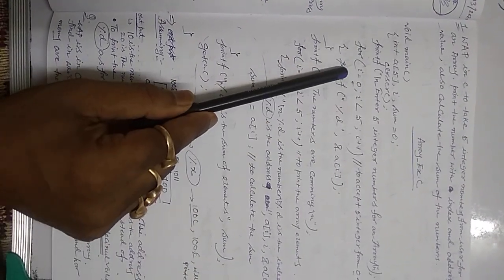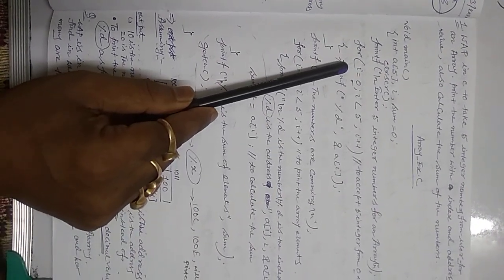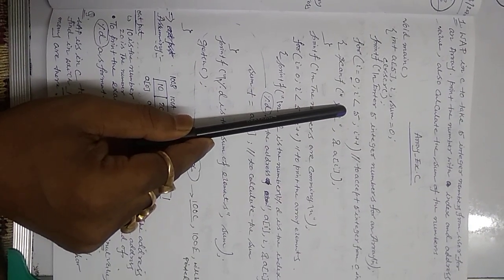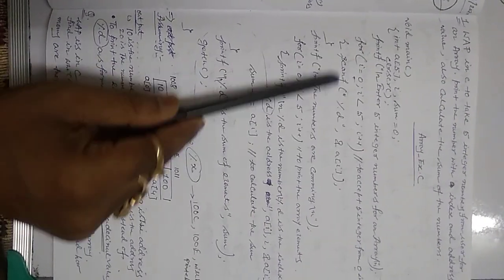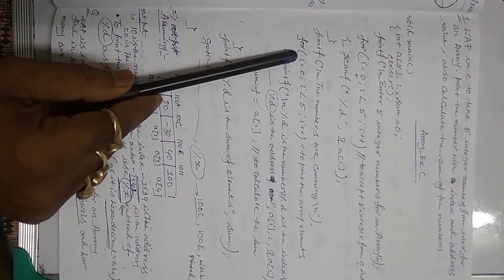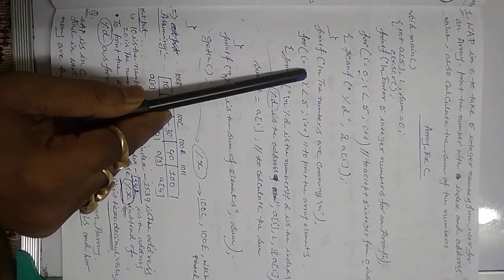So we will start scanning numbers from the user. We'll start with the index value i equals to 0, and it will go less than 5. We will scan the number inside the computer memory, and then according to the requirement of the program, we will print the number. We will write printf and the numbers are coming.